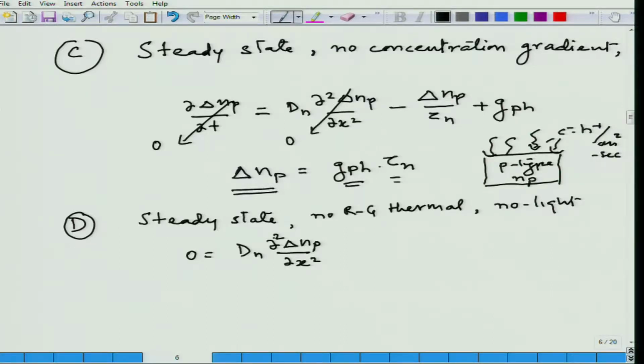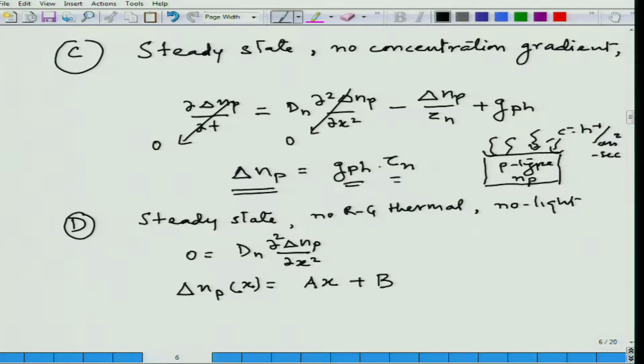Now, the solution for such an equation is very simple. It is basically that the excess carrier concentration in x will be given by some constant times x plus b. So, we have looked at 4 different situations in which I can apply the minority carrier diffusion equation and find a closed solution, which is also physically meaningful, and we looked at one case of how many excess carriers are generated in a steady state when I shine light on a semiconductor.